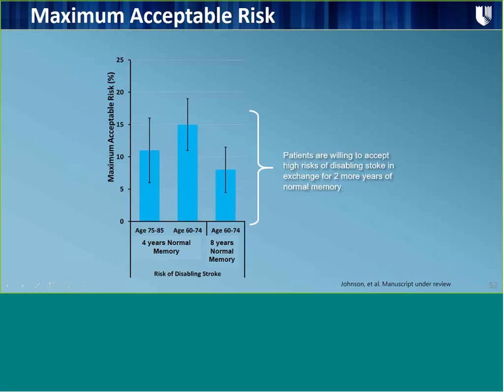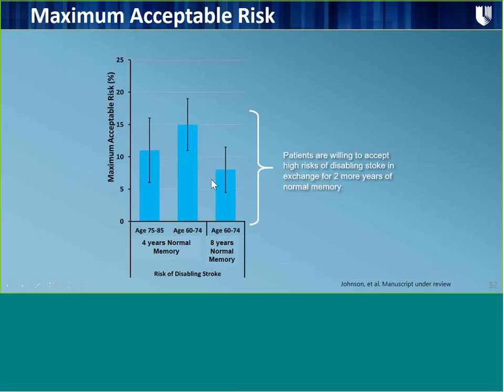We found that there was significant risk tolerance for disabling stroke if you could offer 2 more years of normal memory. There was some variation, but no statistical differences among the 2 age groups, the older age group and a younger age group. The younger age group was offered initially 4 years of normal memory, whereas the older age group was offered 8 years of normal memory.